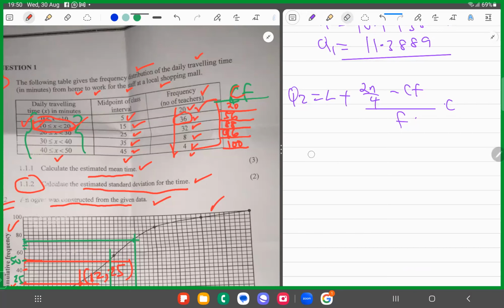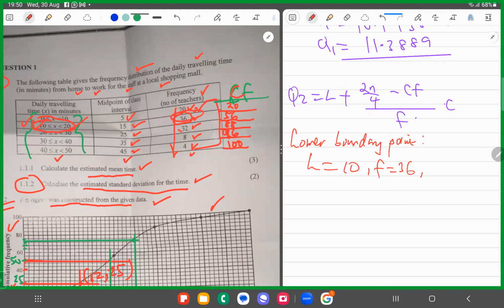Let me write down some data here, in red. The lower boundary point L is 10, from 10 to 20. The frequency is 36 for 10 to 20, you can see it here.